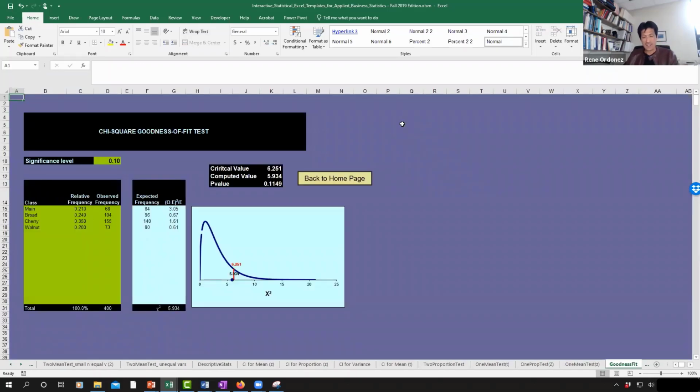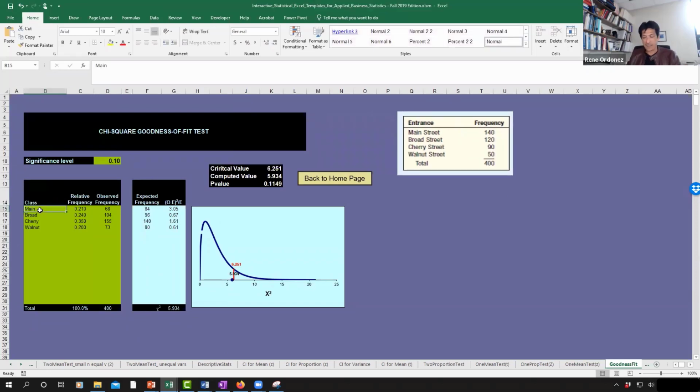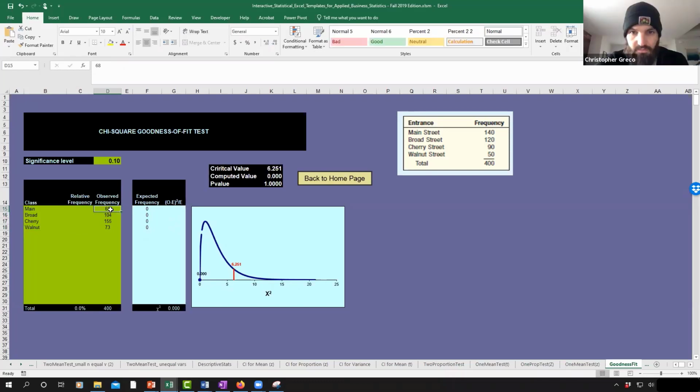And so here's my data. We'll just type in the information, Rod, Sherry, and Walnut. All right. So we input here the relative frequency. The relative frequency is the probability of each x. So what number should I put in here? 0.25.